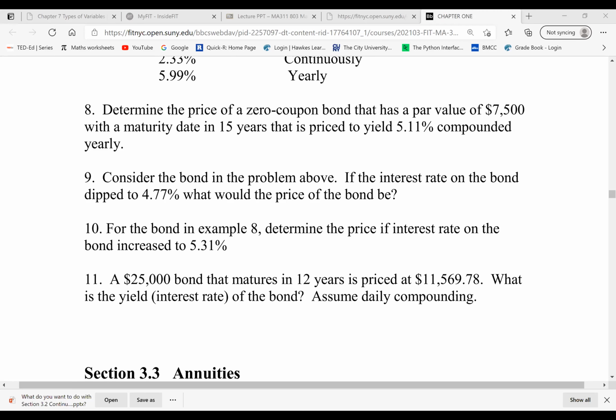So now 7,500 equals P times (1 plus 0.0511) to the 15th power. And principal should be equal to 7,500 divided by (1 plus 0.0511) raised to the 15th power. You get a bond price here.